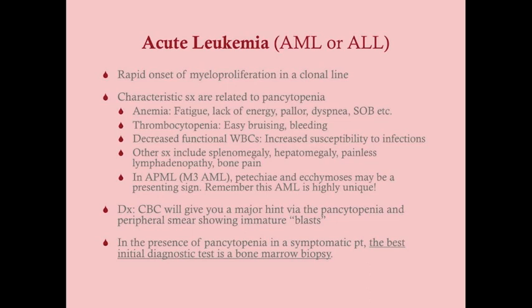Now, another thing also is if you order a smear, which you always should really in any patient when you're getting a CBC, that smear will show immature blasts. And so those immature cells that are indeed the leukemic line that's causing the disease, those will proliferate out into the peripheral circulation, and those blasts will be seen on the peripheral smear.